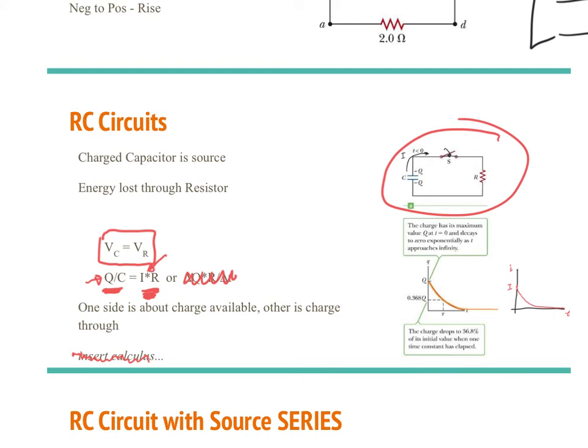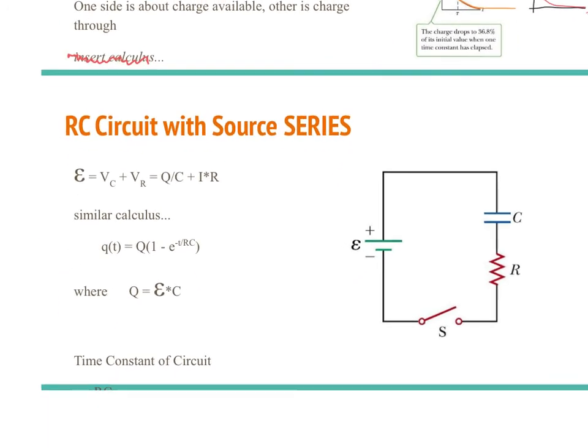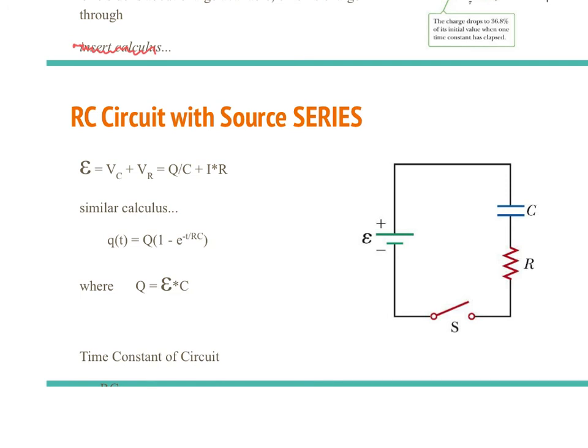Let's look at this again. But in this again, we're going to be looking at a different version of the circuit. Instead of a discharging capacitor, we're going to look at a charging capacitor. How is this capacitor being charged? Well, the capacitor is starting at 0 volts and 0 charge. It's getting charged, though, by the battery, but not until the switch closes.